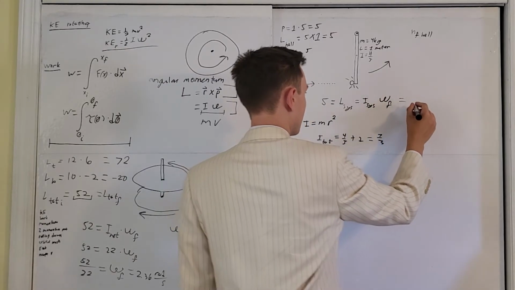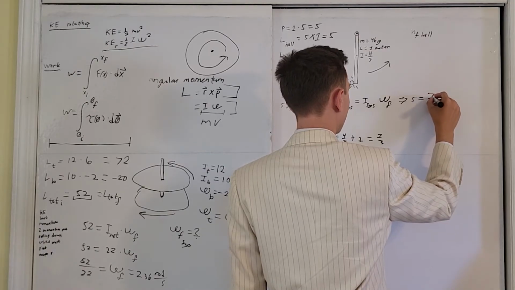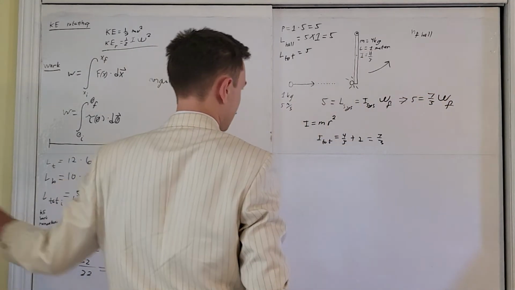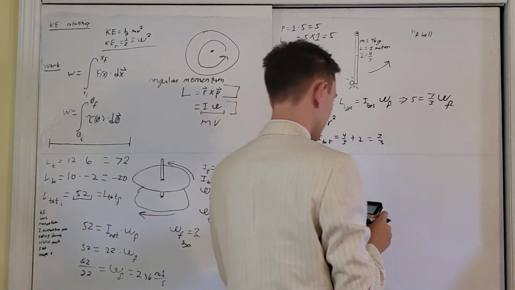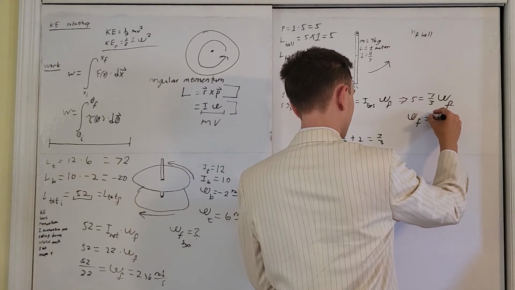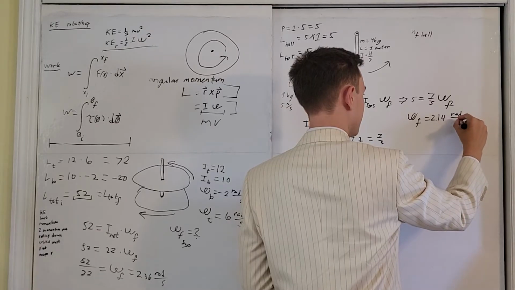So our angular momentum of the system, 5, is going to equal 7/3 times the final angular velocity. Divide both sides by 7/3, and we get our final angular velocity is going to be 2.14 radians per second.